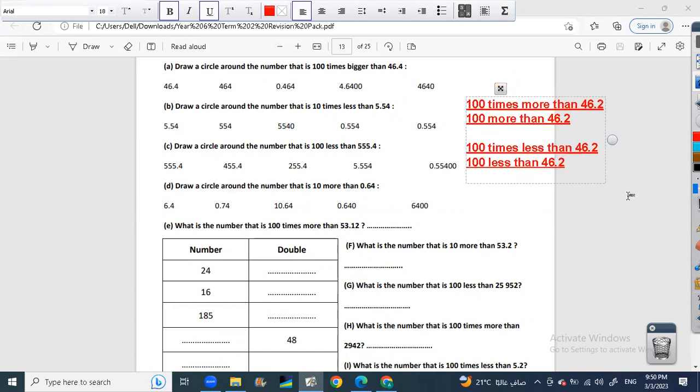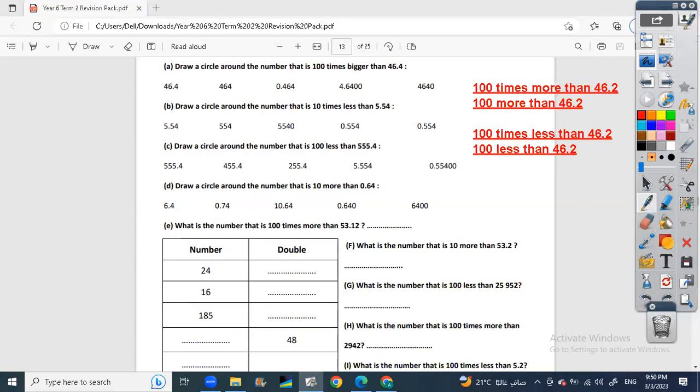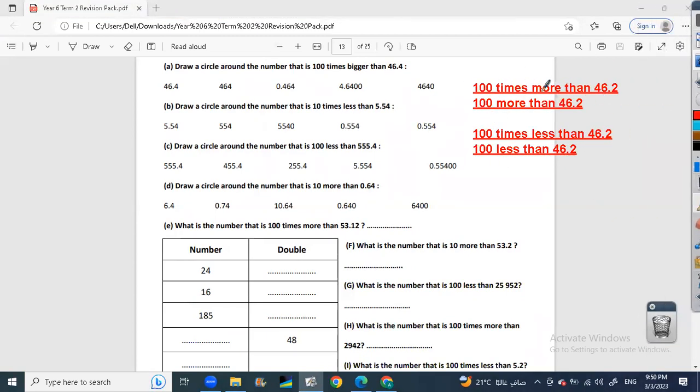All right, look at this, guys. This is extremely important. When I say to you 100 times more than 46.2, it means you're going to multiply by 100. 100 times more, multiply by 100. 100 times less, you're going to divide by 100.